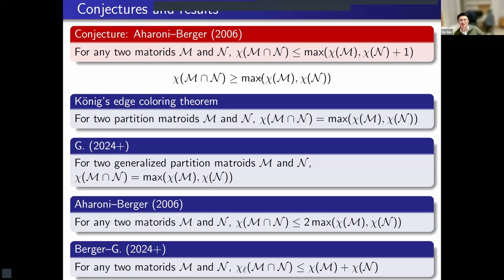Therefore, this is a trivial lower bound, and you can see the difference is just one. And there are examples showing that the strict inequality can hold here. So it's really not far from the lower bound.